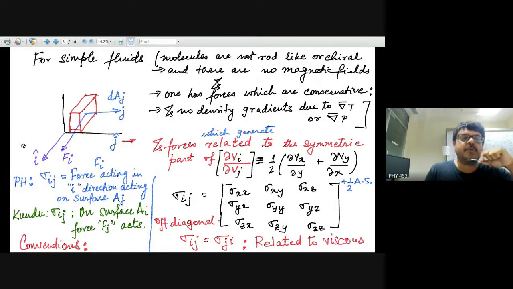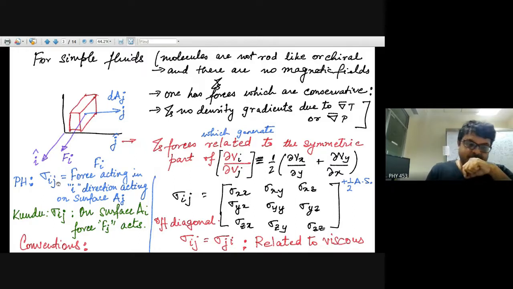Suppose this was a fluid element, and this was the J vector, normal to the surface. Then in Physical Hydrodynamics, sigma ij, the stress tensor, the components of the force, is defined as the force acting in the I direction on surface AJ. So the force index I is written first, and the surface normal J is written second.